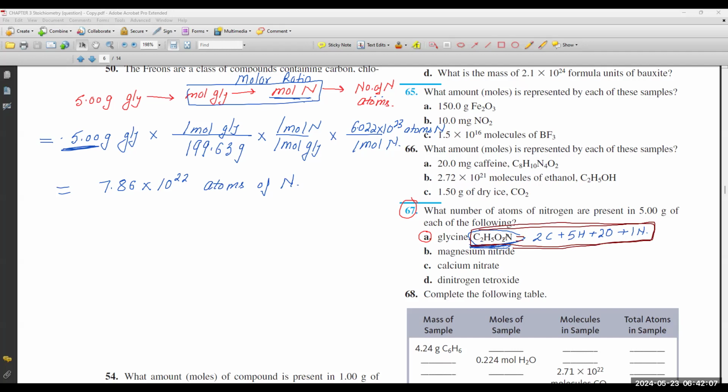There are 2 carbon, 5 hydrogen. Are you not getting the same answer? 2 times 12.01, 5 times 1.01, 2 times 16.00, 1 time 14.01, something like that.